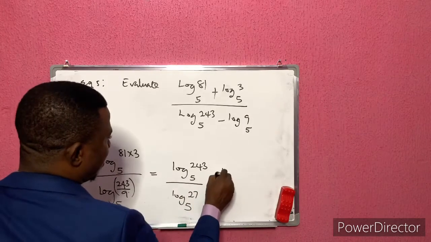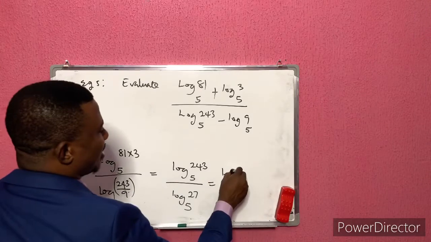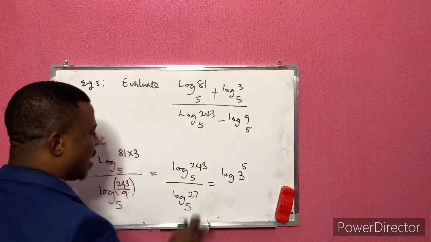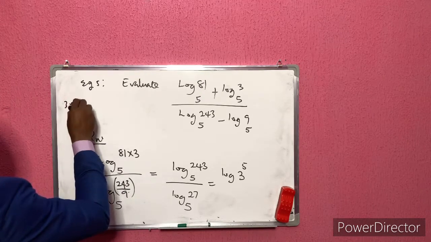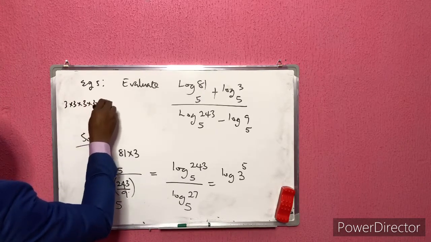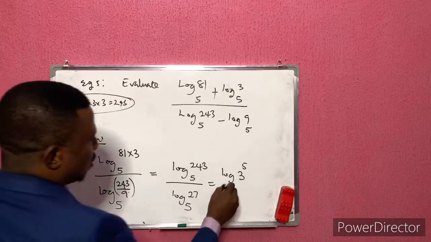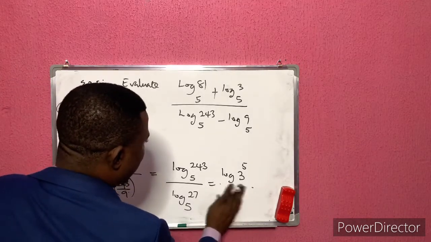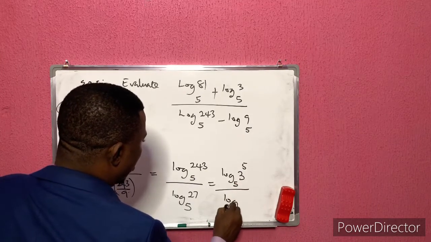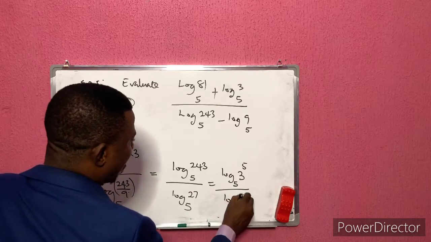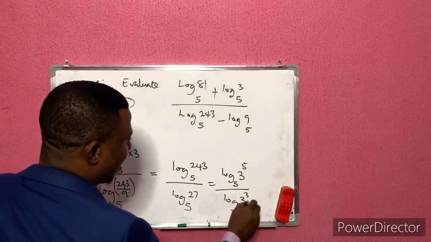What is 243? It is 3 raised to the power 5. 3 times 3 times 3 times 3 times 3 gives us 243. So all over base 5, all over log, this is 3 raised to the power 3. 3 times 3, 9 times 3, 27 base 5.